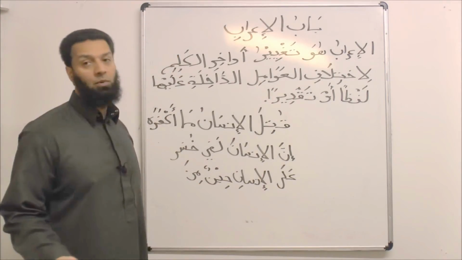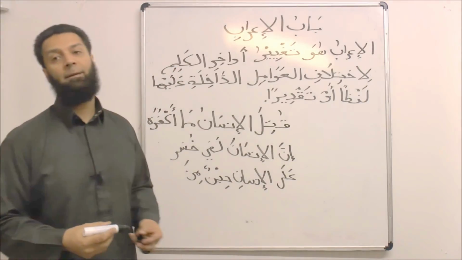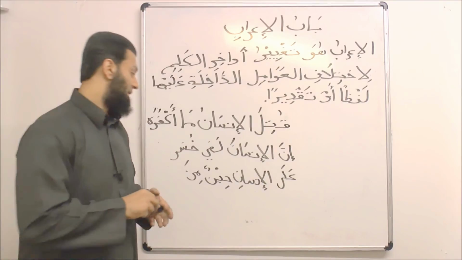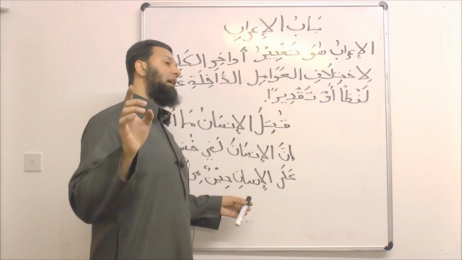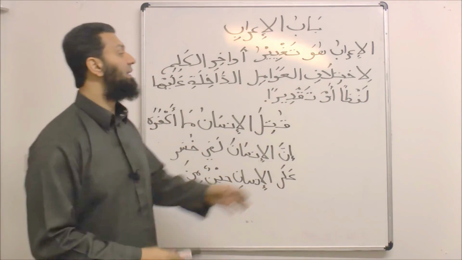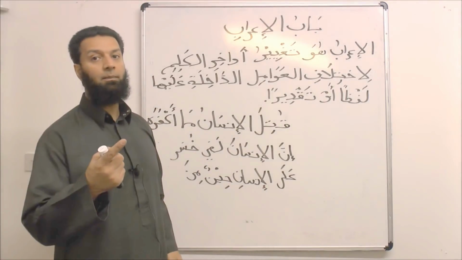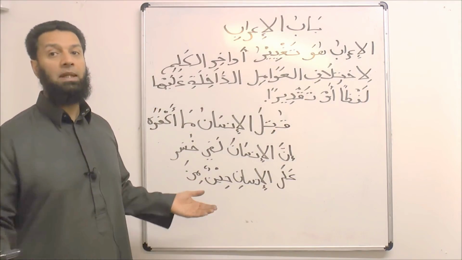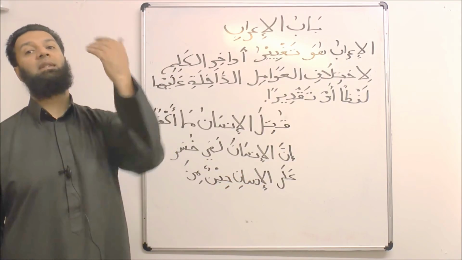It is a majrurun. And the indicator that it is a majrurun is? Right. Al-kasratu al-dhahiratu ala akhirihi. It is dhahiran, meaning lafdhan. It is spoken, is it not? Ya Namul Haq, we speak it. We don't assume it to be there. We speak it.